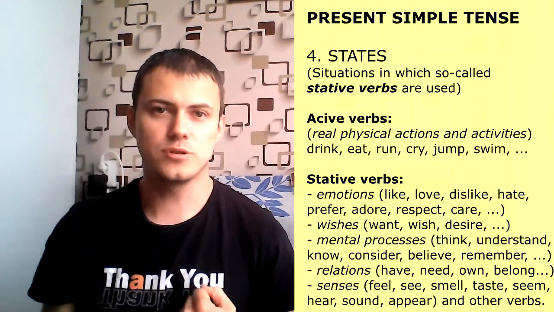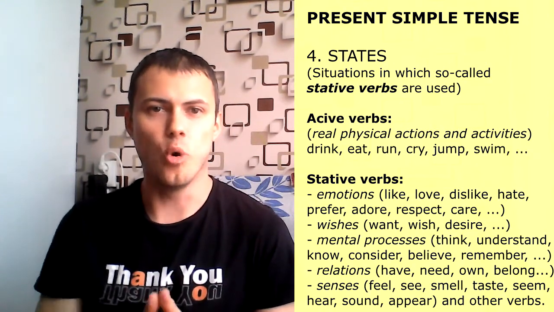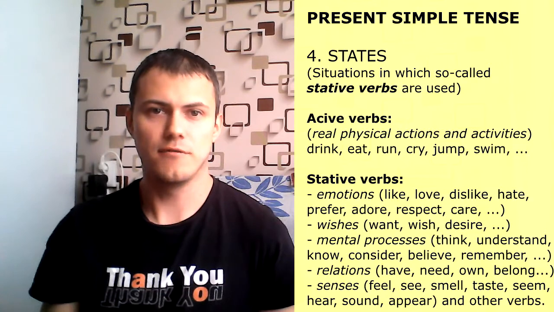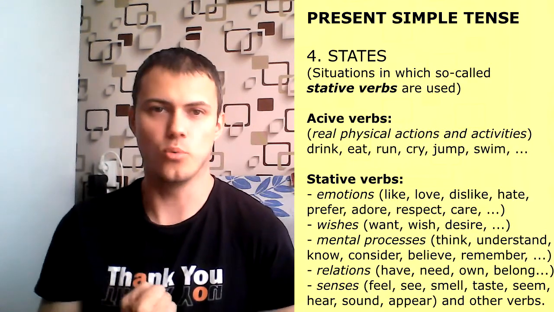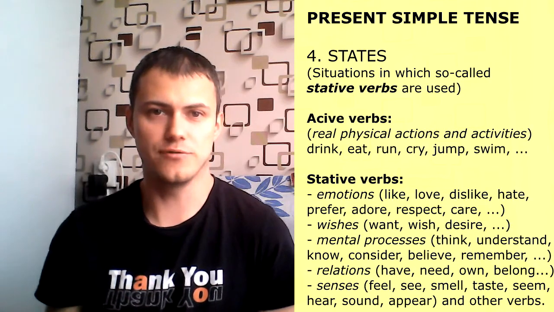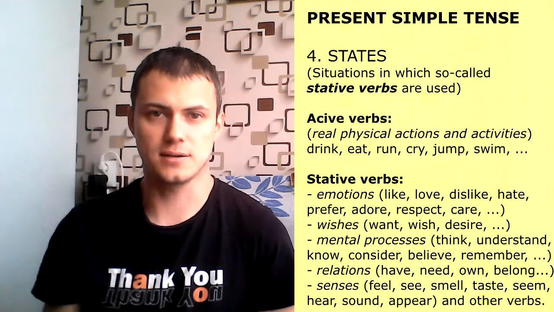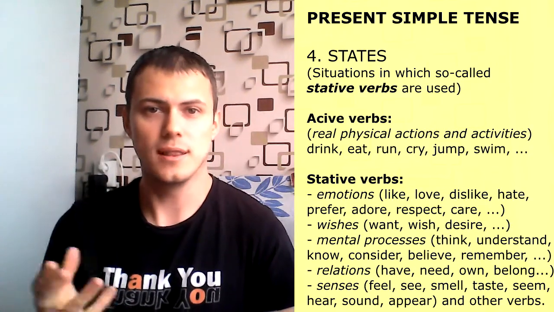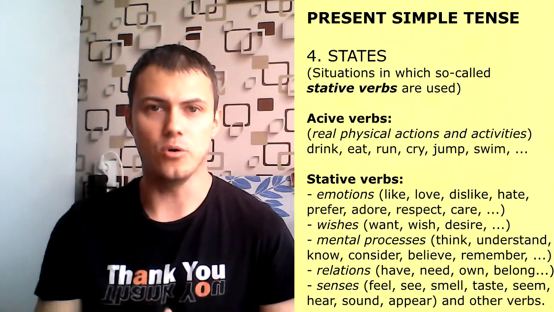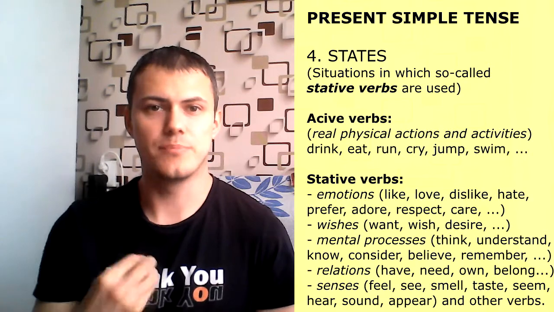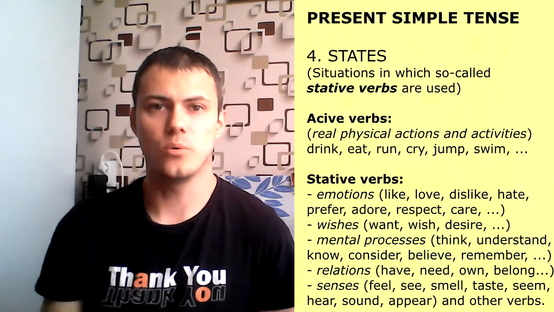So we don't normally say I'm wanting something. For example, I'm wanting ice cream or I'm wanting some coffee. That's not correct. Even though, let's say, I want coffee right now, I use the present simple tense. I want coffee.